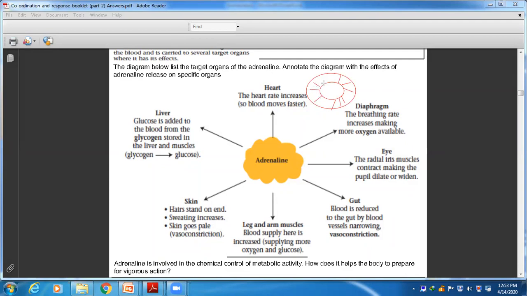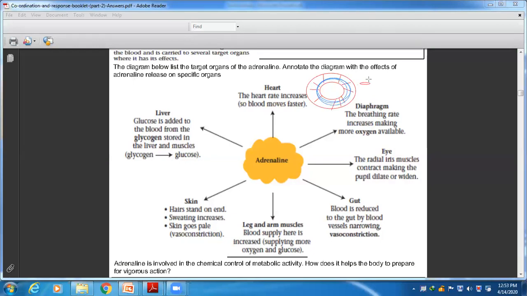Now these are radial muscles, and also there are circular muscles in the iris, right? So what will happen here? The radial muscle will contract, and when the radial muscle contracts, the circular muscle will relax.